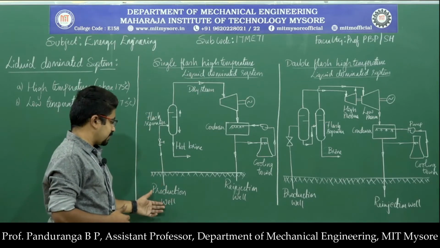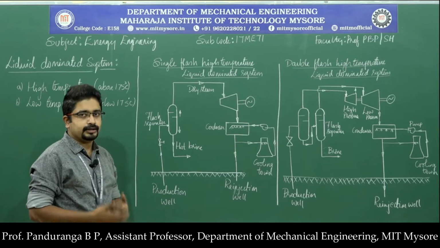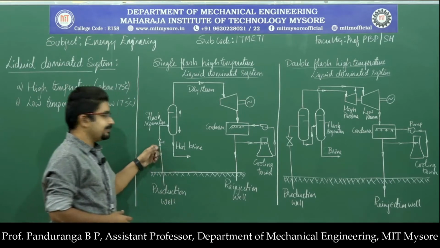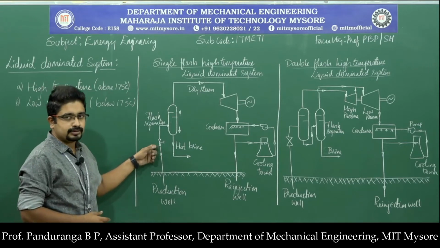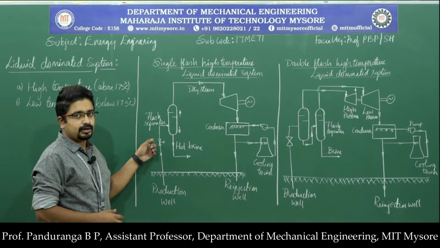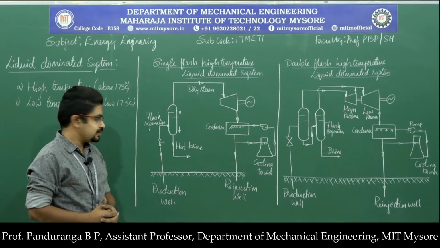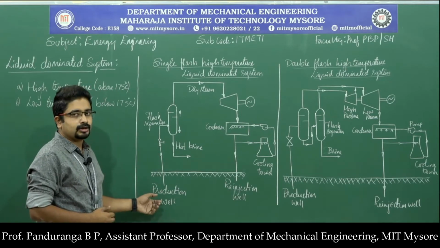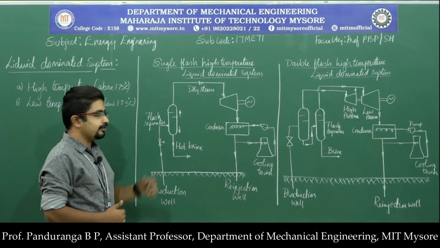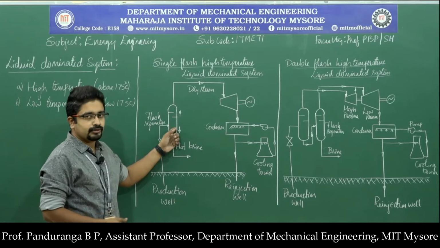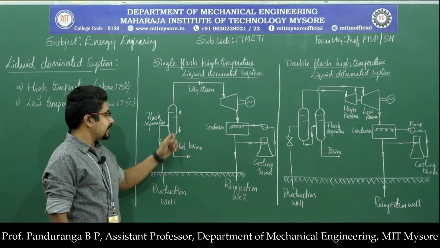Here we have the production well through which we draw water from the geothermal source, and that will be throttled with the help of a valve. We throttle the hot water coming out of the production well with the help of a valve. Then that throttled water will be sent to the flash separator.